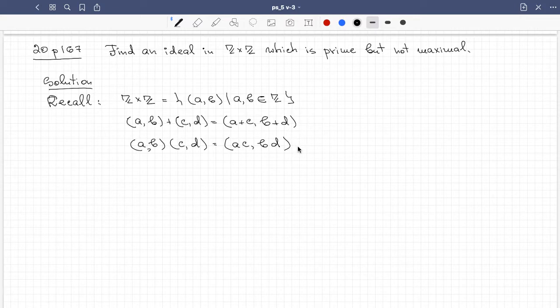These operations make the set Z cross Z a commutative ring with identity. The identity is going to be (1, 1). You easily check that (1, 1) is the neutral element for multiplication.